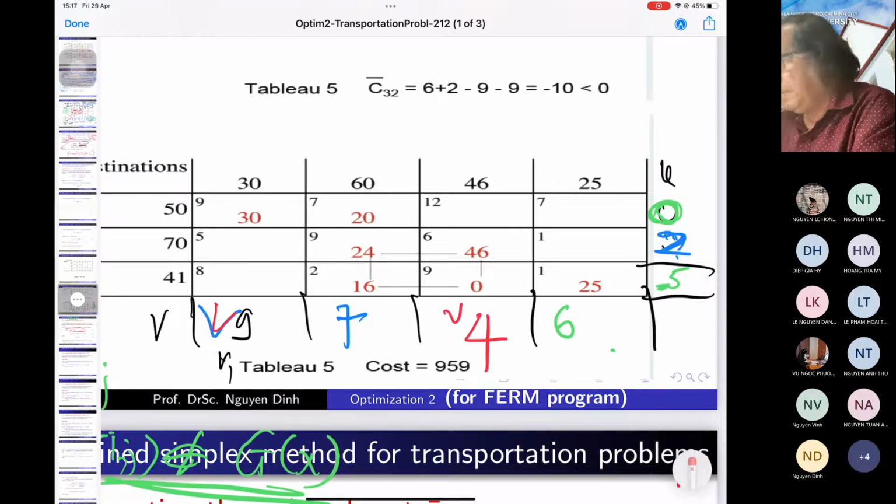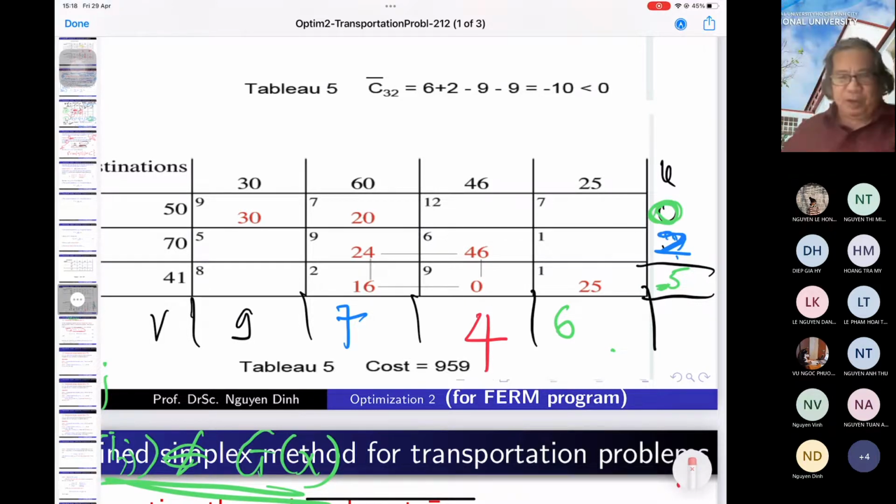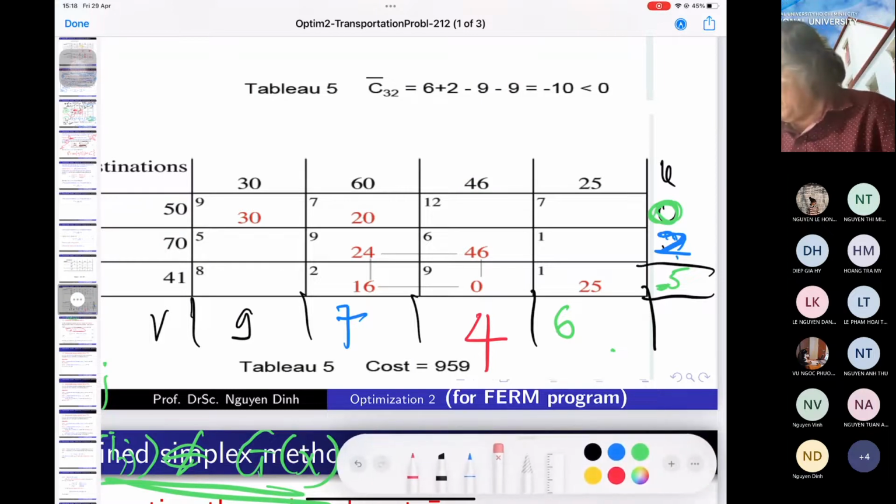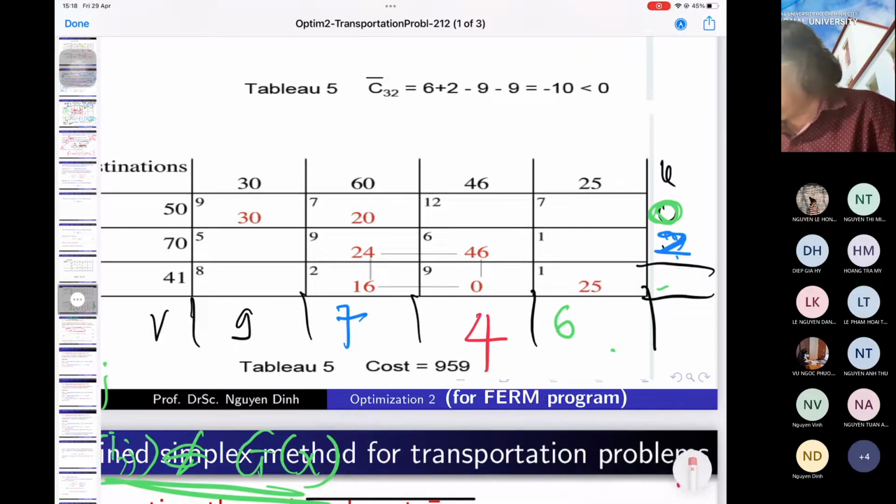You have ui vj here. V1 is 9, V2 is 7, V3 is 4, V4 is 6, U1 is 0, U2 is 2, and U3 is minus 5. Let me write down the number minus 5 here in another color, so it is very clear.